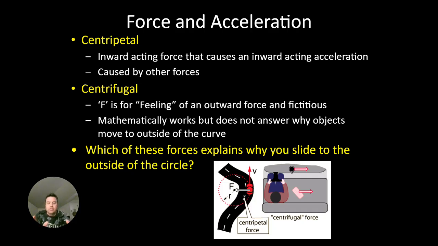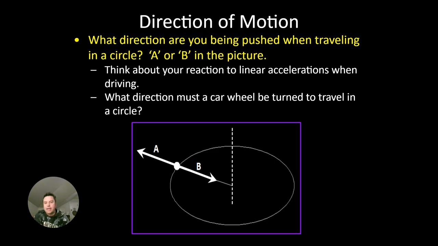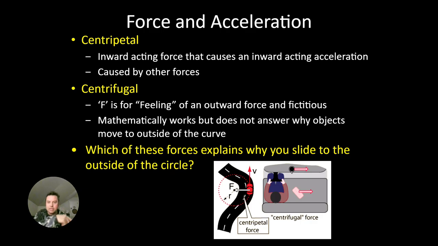Think about the last slide: when we were going in this circle, there was nothing outside of us pulling us outward. Our body just wanted to go that way, which I'll talk about on the next slide, but nothing pushed us that way. We feel like we're getting pushed that way, but we're not actually being shoved that way. Mathematically, it does work though. It just doesn't answer why they move to the outside.